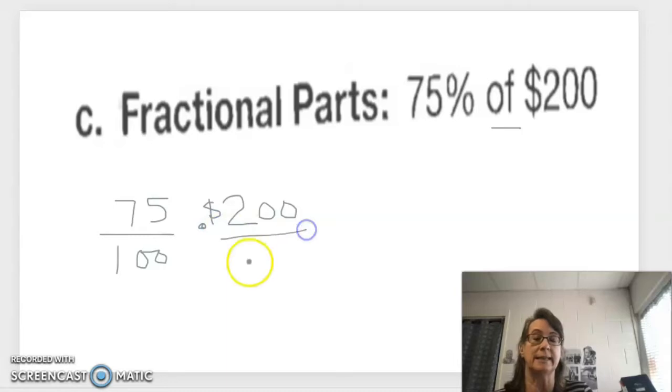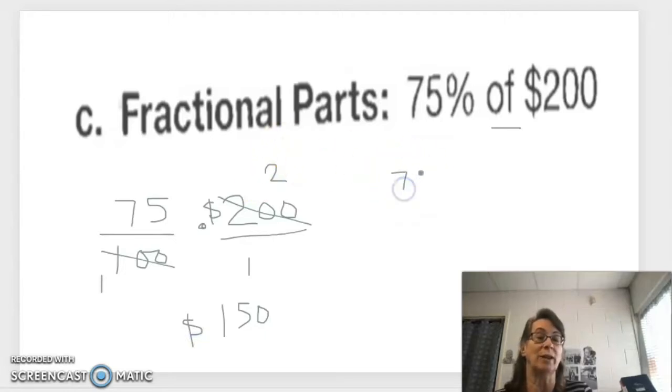Since the easiest thing is just to go 200 to 100 is 2 to 1, and 75 times 2 is 150, so $150. The other thing that would be very easy is just to say 75 100ths is the same thing as 3/4, and 3/4 of 200 is 150.